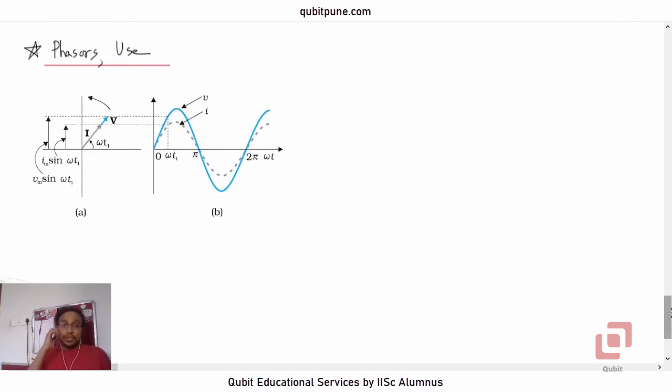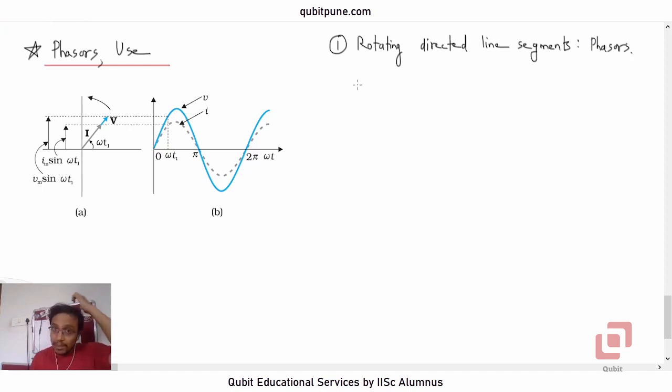Now let's talk about phasors. So what are phasors? In short, to describe them, phasors are rotating arrows or rotating directed line segments. We call them phasors. Now, if they are rotating, what is their axis of rotation?